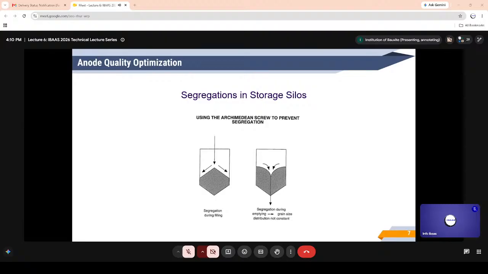As the level falls, more coarse particles move into the center and are discharged. This changes the particle size distribution of coke sent to the paste plant, which in turn alters the dry aggregate granulometry and causes undesirable variation in anode density.